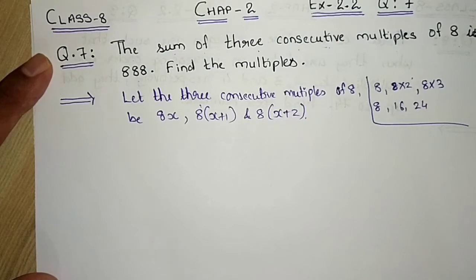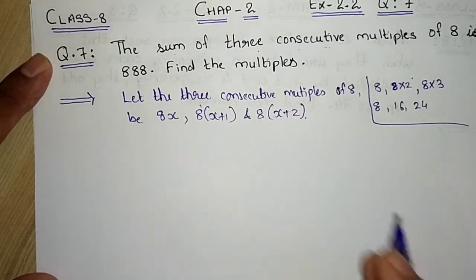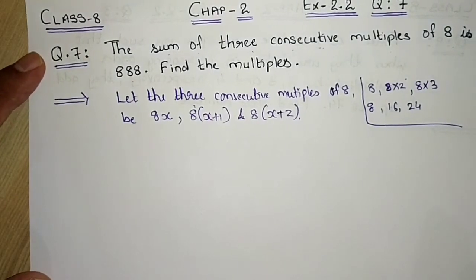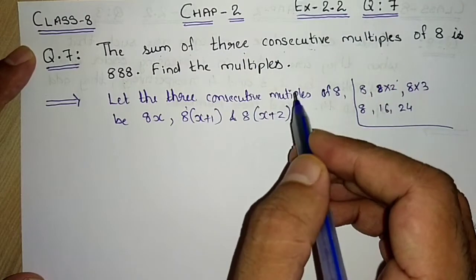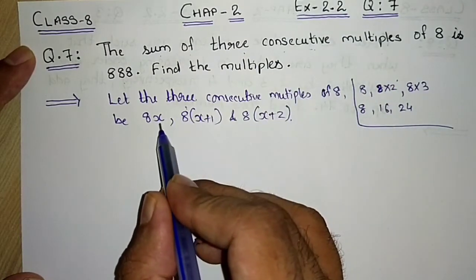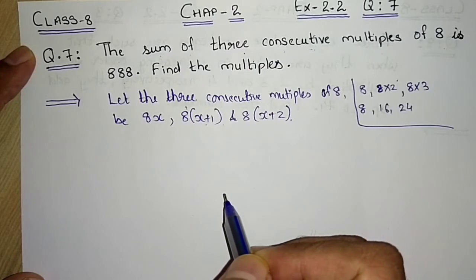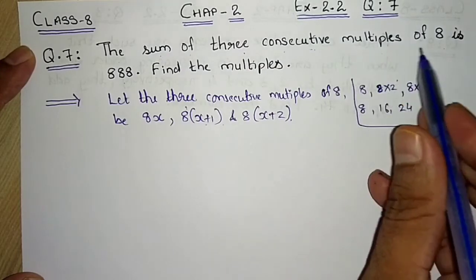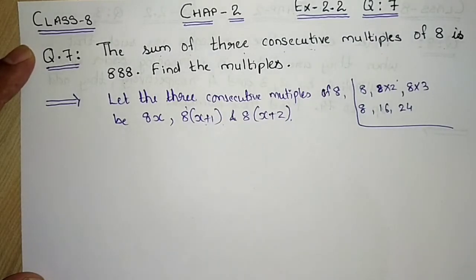Students, why have I written 8x, 8x plus 1 and 8x plus 2? You know very well, in the previous question we took three consecutive numbers. Three consecutive numbers were x, x plus 1 and x plus 2. Here they are multiples of 8, so I have multiplied each of them with 8.